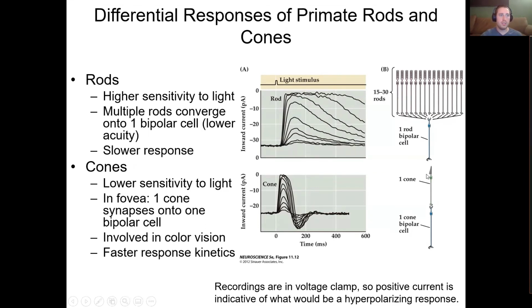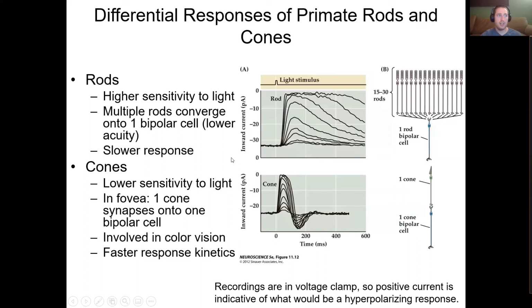Whereas cones, it's fewer, and in the fovea, it's actually a 1-to-1. One cone converges or links up with just one cone bipolar cell. And this also helps the rod system be more sensitive. You're having more sensory cells collect light information to pass on to the bipolar cell. So there's more sensitivity of the rod pathway.